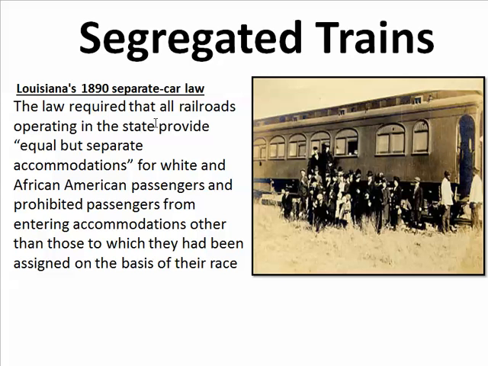But anyway, the law required that all railroads operating in the state of Louisiana provide equal but separate accommodations for white and African American passengers, and prohibited passengers from entering accommodations other than those to which they had been assigned on the basis of their race. So they had a black car like this and a white car, whites exclusively, or blacks exclusively. And that was the Louisiana law in 1890.